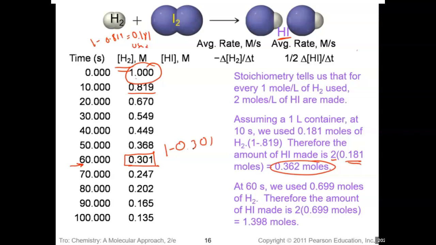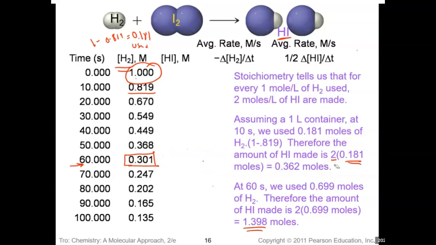And if you put that in your calculator, that means we used 0.699 moles. So that's how much we used up. And so if we use 0.699 moles, again, it's a 1 mole to 2 mole ratio. So if we multiply that by 2, that means at 60 seconds, we've actually made 1.398 moles of our HI.